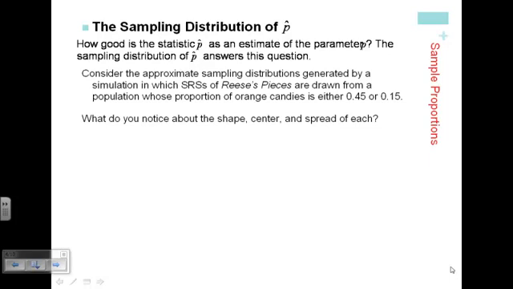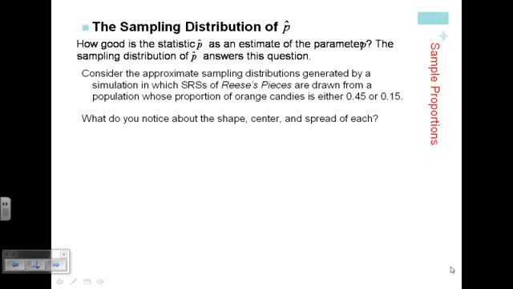Today, we're only going to focus on variables that are categorical, like, is it raining today? Population is of all days. Is it raining today is a yes or no question. For a population of our Berkeley High School students, maybe I ask the question, are you right-handed? It's a categorical variable. We're only going to focus on categorical variables today.